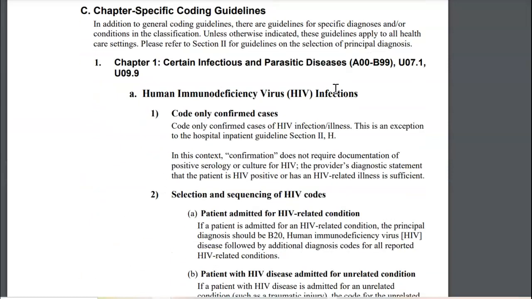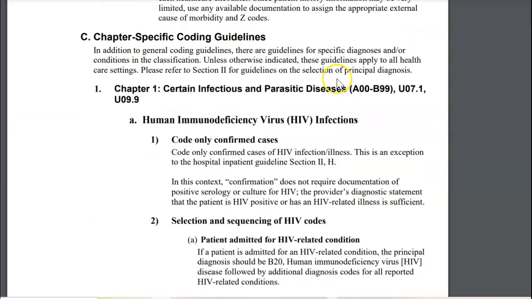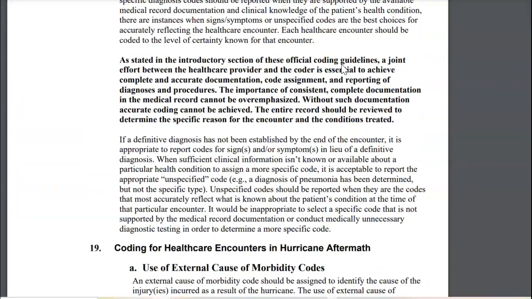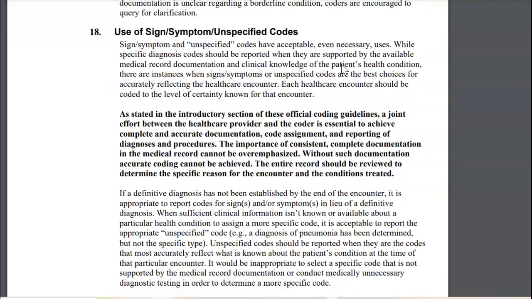Okay, so I'm not going to go into the chapter specific codes, but I do want to touch base on inpatient and outpatient for signs and symptoms. So here's a note, and you can go back to your textbook to review this.